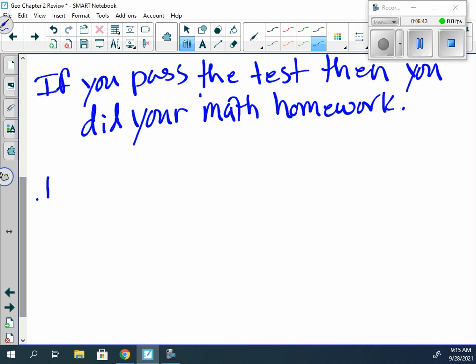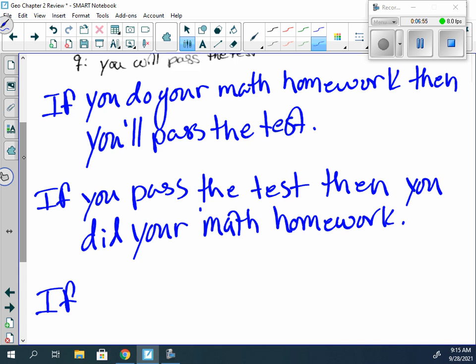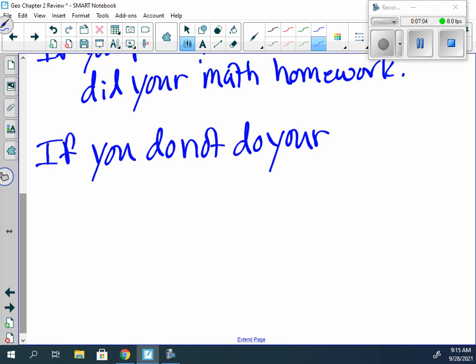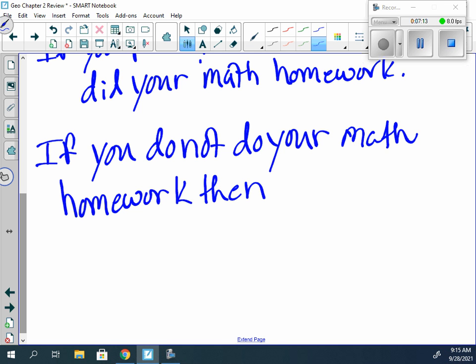Now the next one is our inverse. So not P implies not Q. The little squiggle line is not, so it's the opposite. We're negating it. So if the original statement is you do your math homework, the negation is you do not do your math homework, then, well, the original Q statement was you pass the test.